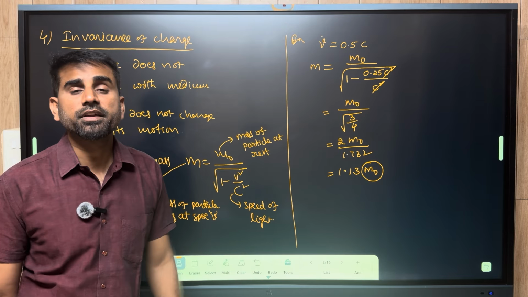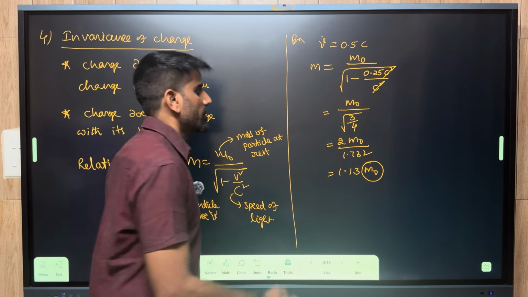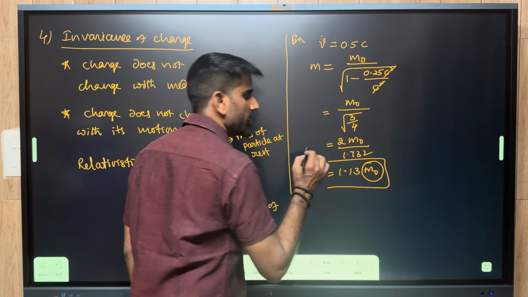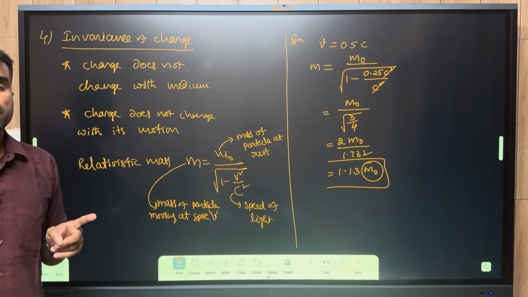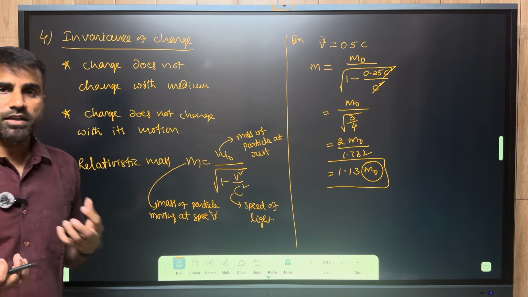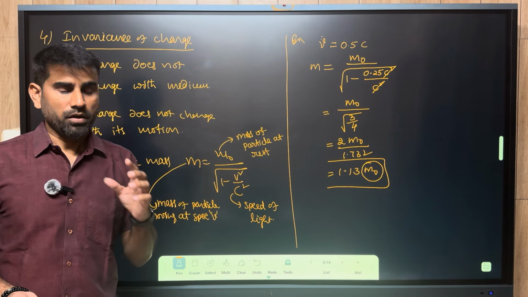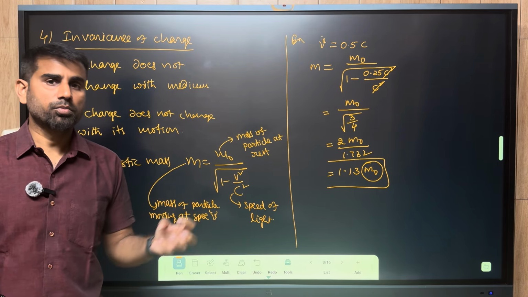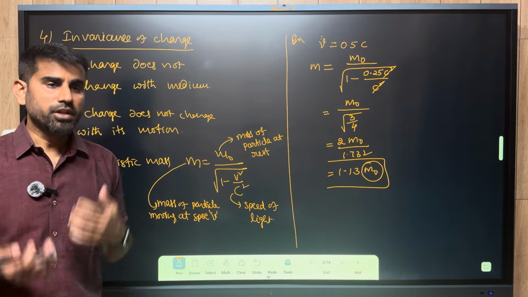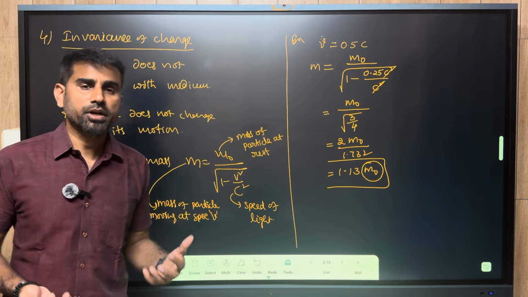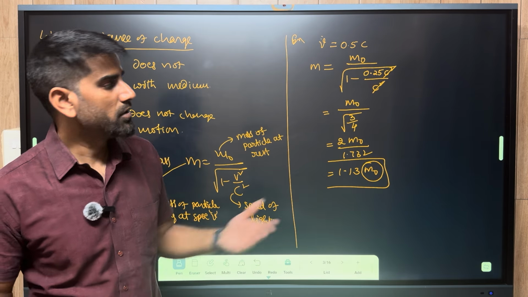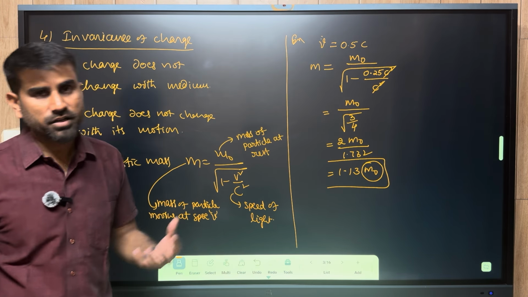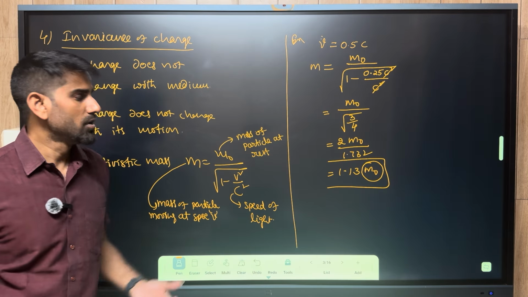So it is considerable, right? The increase in the mass is considerable. It's not noticeable for smaller speeds. Only if a particle moves with a speed close to the speed of light can it be considered. It's a relativistic term.